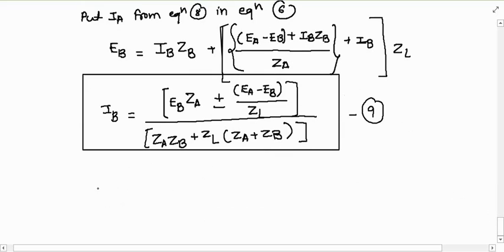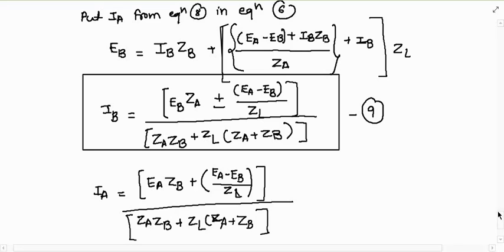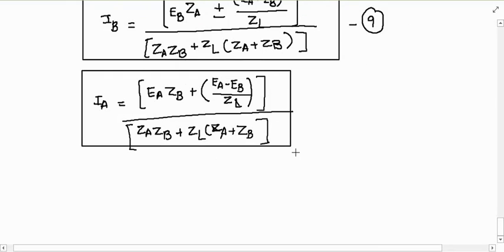So what is IA? If we apply the symmetry, instead of EB, EA will become, instead of ZA, ZB will become, plus in bracket EA minus EB divided by ZL, this remains the same, and the denominator also remains the same, that is ZA ZB plus ZL into ZA plus ZB. This is our equation number 10.